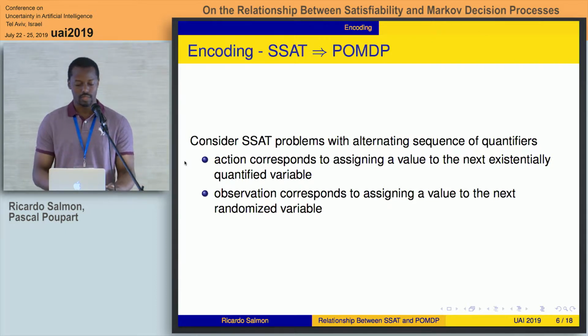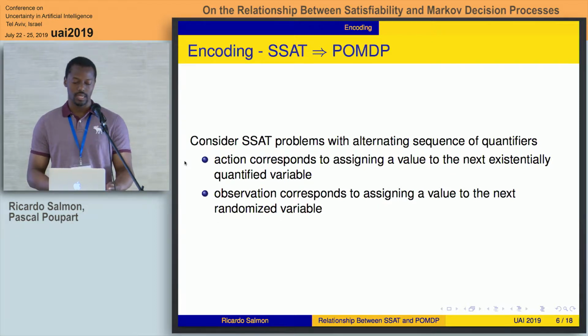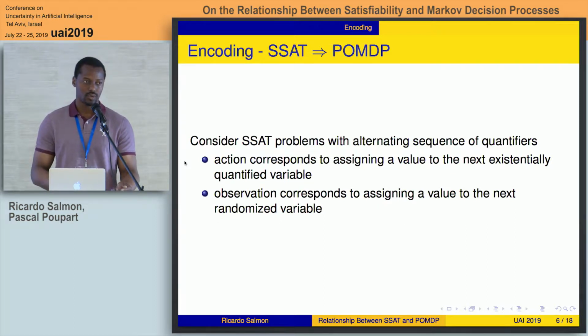One idea is to assume that we have a stochastic SAT problem that has an alternating sequence of existential and randomized variables. Then the actions in the POMDP would correspond to assigning existentially quantified variables, and the observations in the POMDP correspond to assigning randomized variables in stochastic SAT.